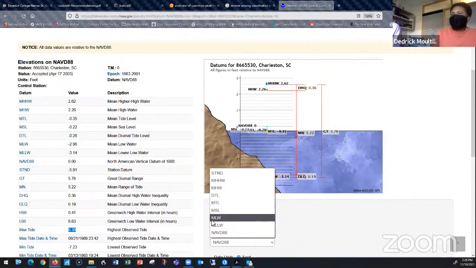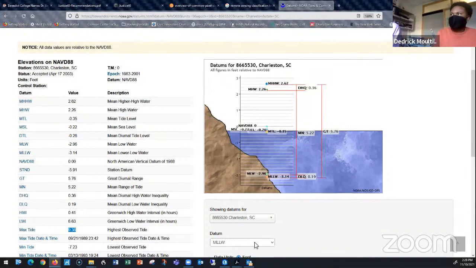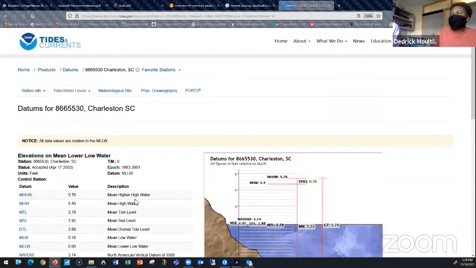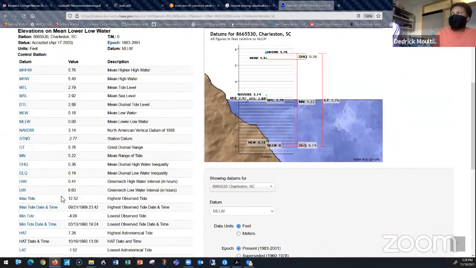And if I were to change it to the way the Army Corps looks at things, you'll notice that maximum tide, there's that Hugo tide height that people keep hearing.